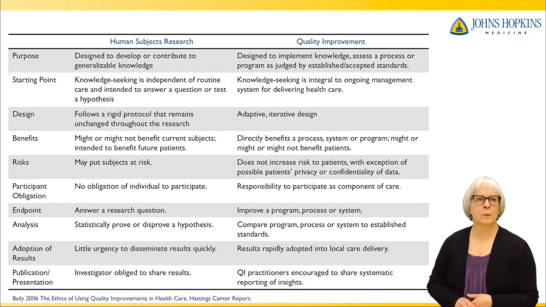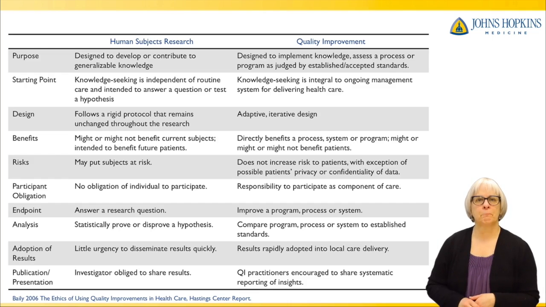It may or may not benefit patients as you're doing the intervention, but through those PDSA cycles and through your planning, once you've established what your order set or the other way that you're going to standardize care based on that intervention is, you're going to be benefiting future patients.